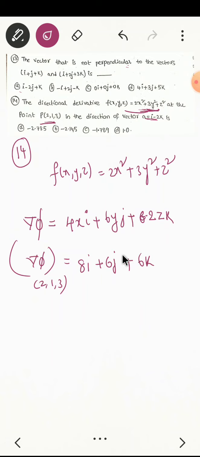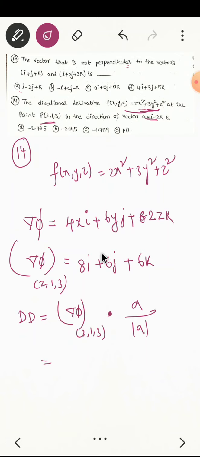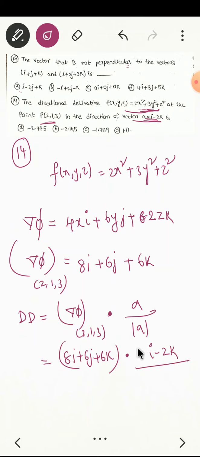Okay. After that, the directional derivative formula is: directional derivative is equal to del phi at some point dot a by mod a. This value is 8i plus 6j plus 6k dot a, where a is the vector in whose direction we want it, i minus 2k, divided by mod a, which is root over 1 square plus 2 square plus minus 2 whole square.